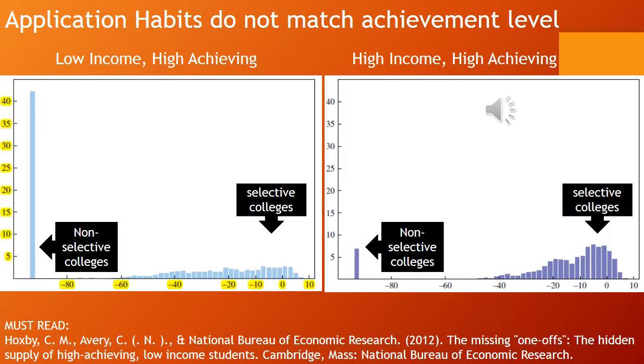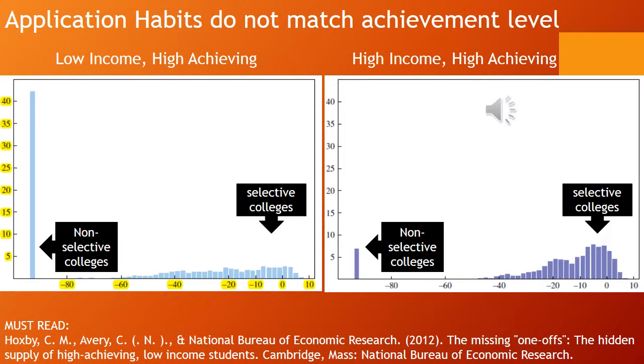These two graphs represent the application habits of different categories of students. On the left we have low income, high achieving, and on the right we have high income, high achieving. On the y-axis is number of students applying to these colleges, and on the x-axis we have a measure of how selective a college is.